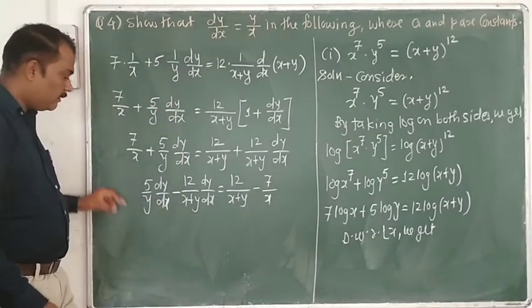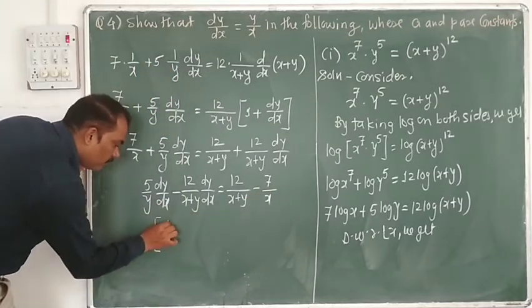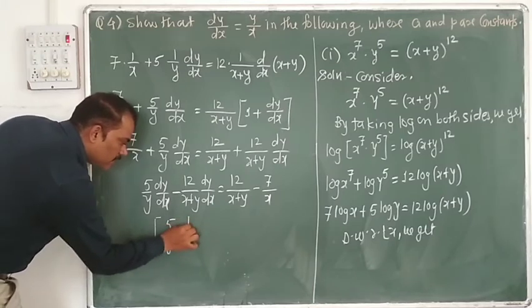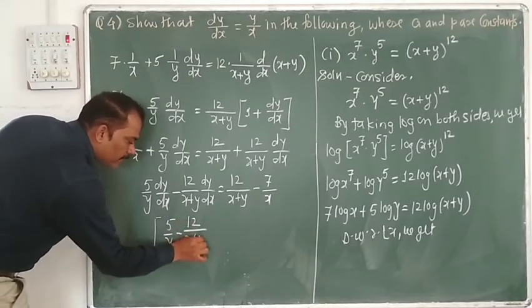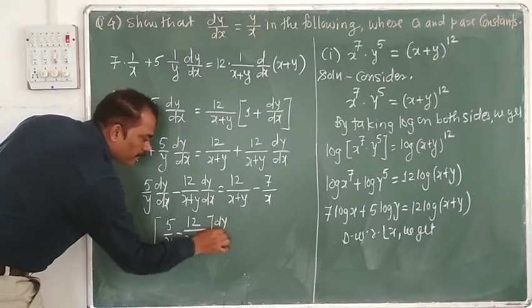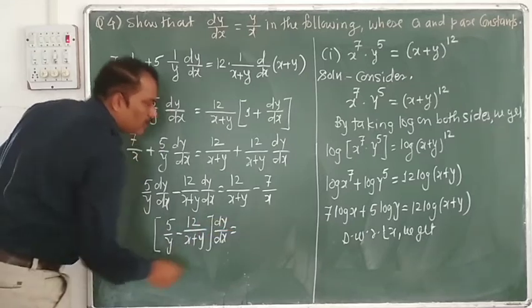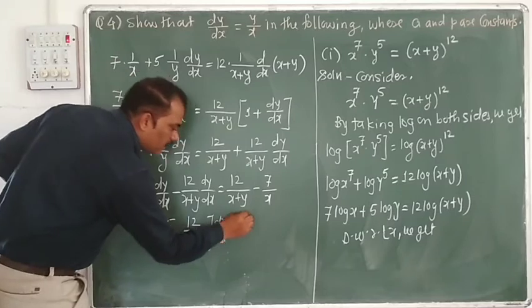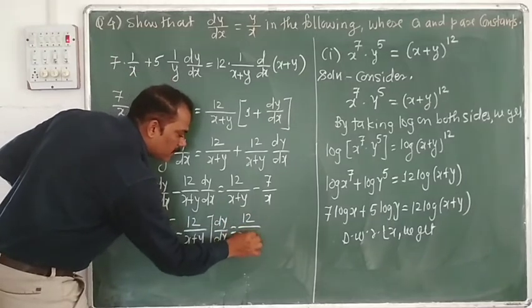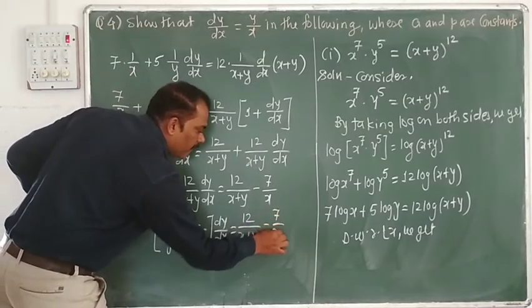From this we take dy by dx common, so 5 divided by y minus 12 divided by x plus y into dy by dx is equal to 12 divided by x plus y minus 7 divided by x.